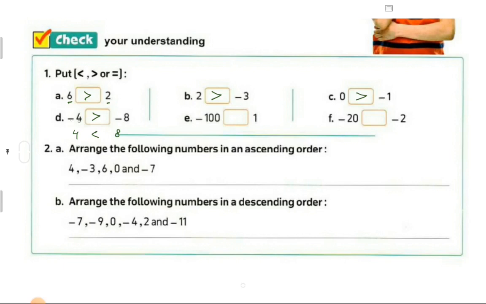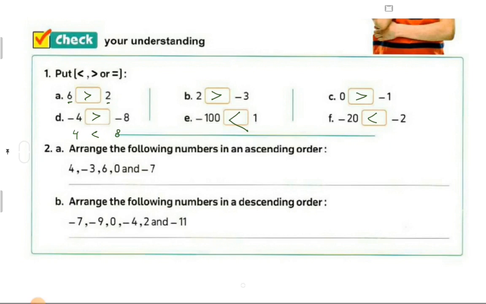And negative 4 is closer to 0. Negative 8 is far from 0. Okay? Negative 1 and 0 1. Of course, any positive is greater than any negative. Okay? Negative 2, negative 20. Of course, negative 2 greater than negative 20.